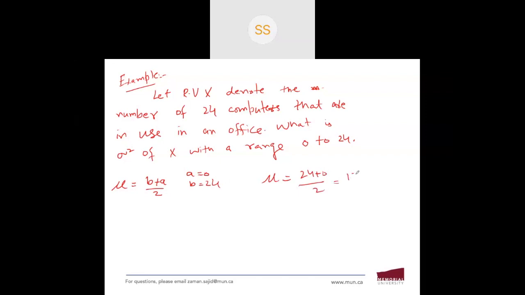That is 12. Now, in terms of variance, we know the formula for the variance as well. It is b minus a plus 1 whole squared minus 1, over 12.